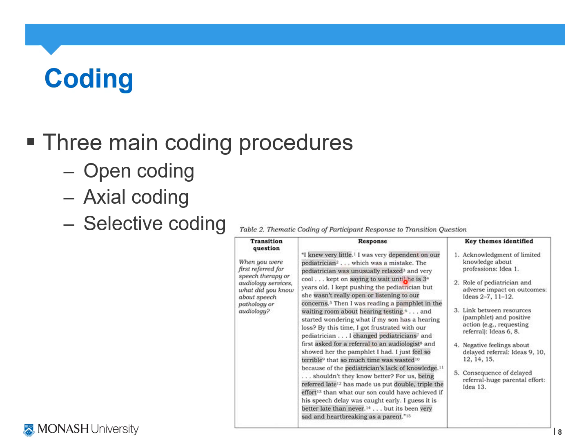From that, you can then start pulling together the quotes or the aspects of the transcript that seem to relate together, from which you can then create a key theme.